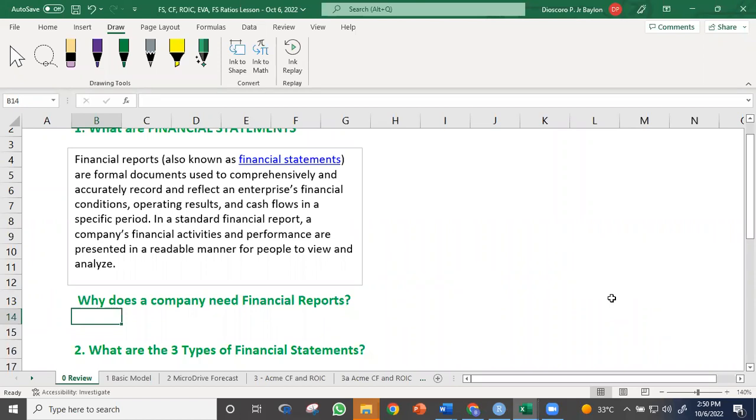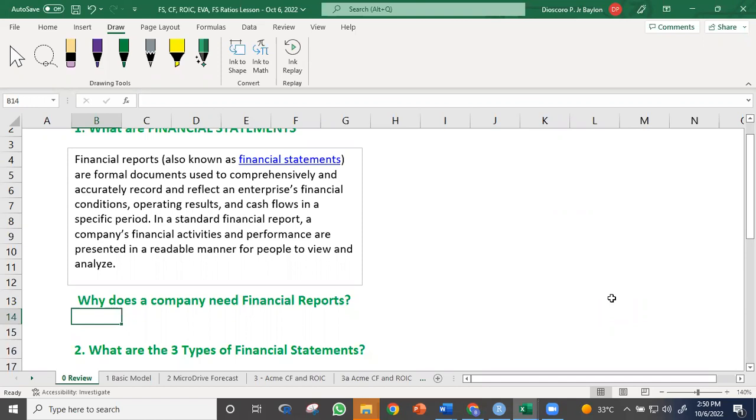It can provide valuable information so that they can develop policies or strategies for the company to better meet its objectives.